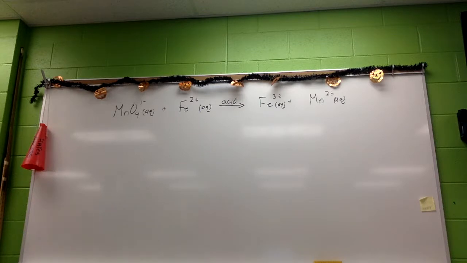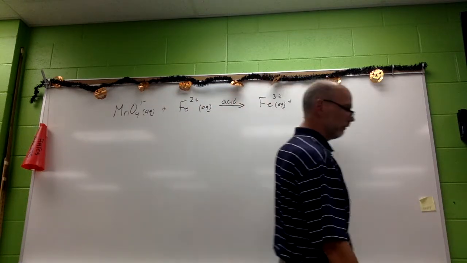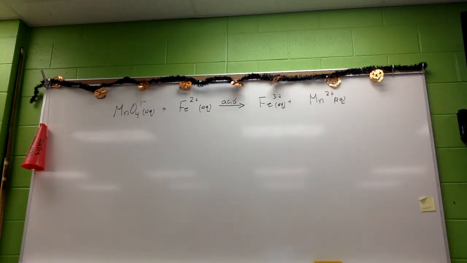Okay. Once again, how is the information being presented? What form? It's a net ionic equation. Okay, we're leaving out the spectator ions. This could be sodium, it could be potassium, this could be nitrate, sodium, potassium, doesn't matter.